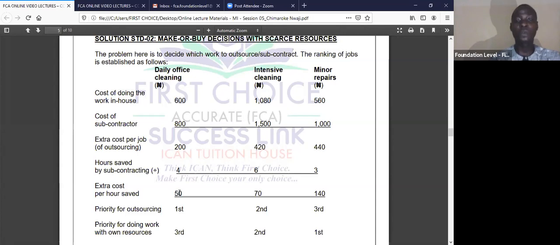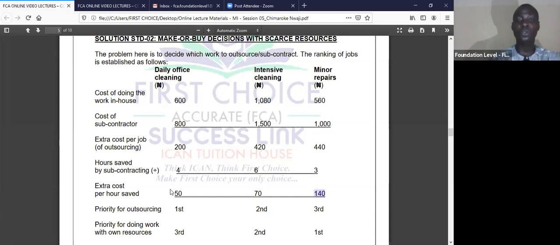That will mean I will give you this job out because that is the least I am saving for giving you out. If I give you this one, that is the highest cost I'm going to save. So if this one goes out first, I'll be losing this 140.